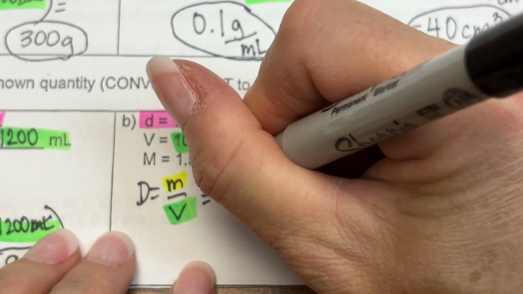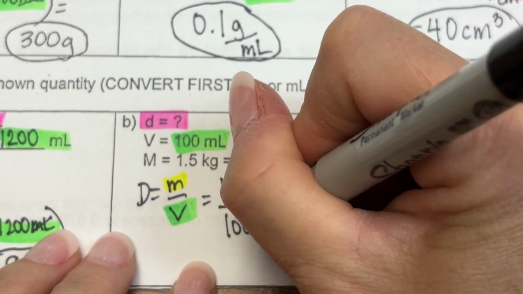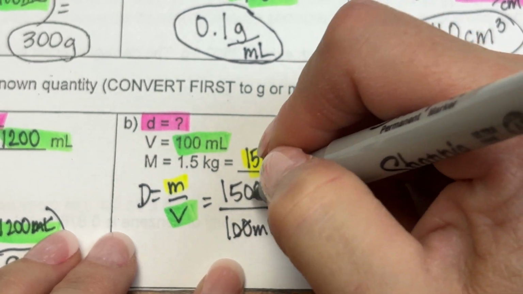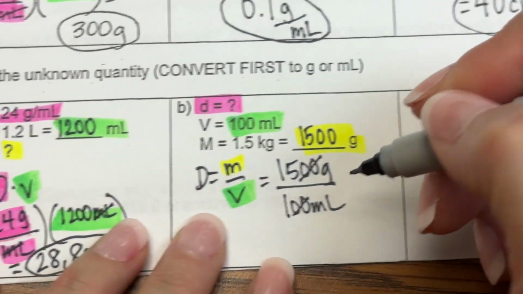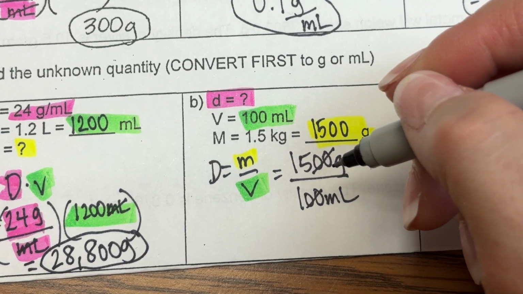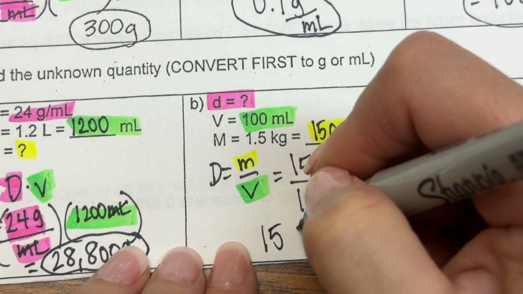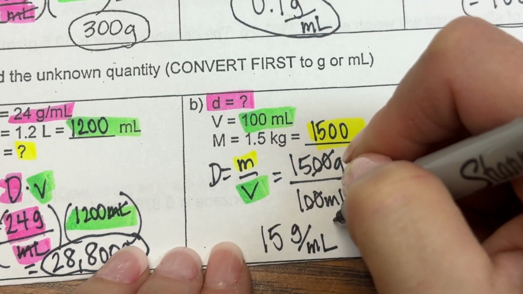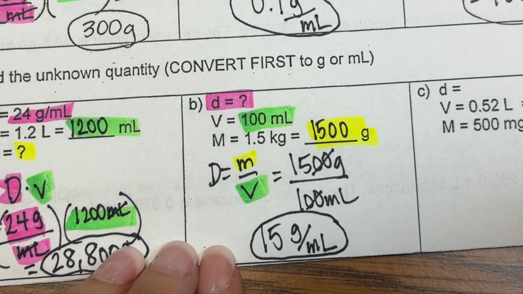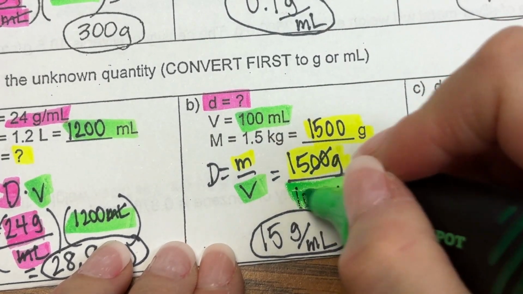So we're going to plug in 1,500 grams divided by 100 milliliters. If you know a little bit of math tricks, you can cancel out these two zeros. You end up with 15 grams per milliliter. And if you don't believe me, you can do it on the calculator. 15 grams per milliliter. And the same thing here, we are highlighting those numbers.